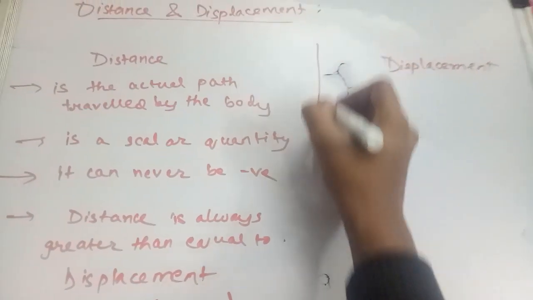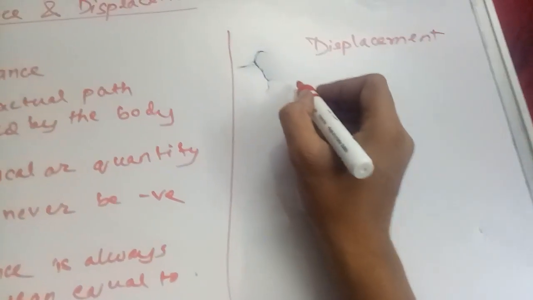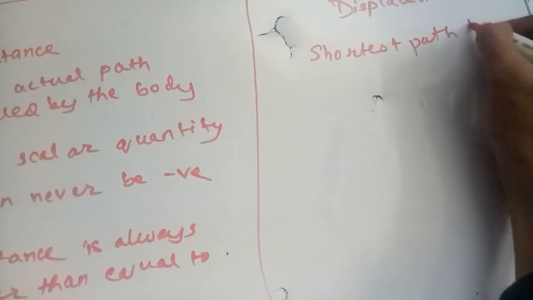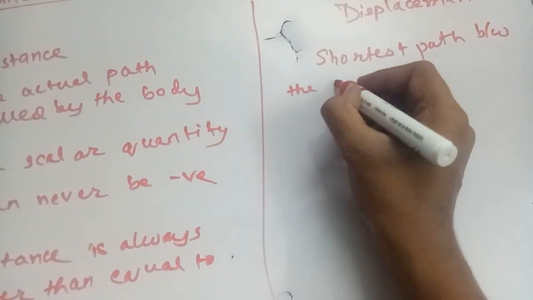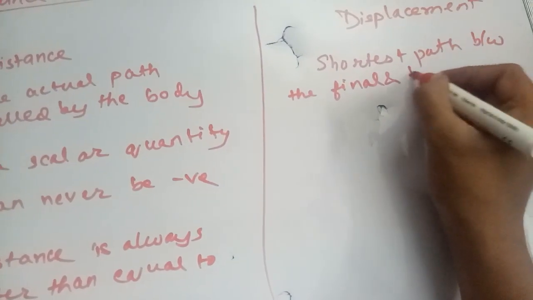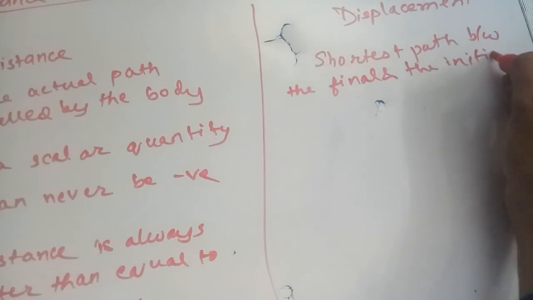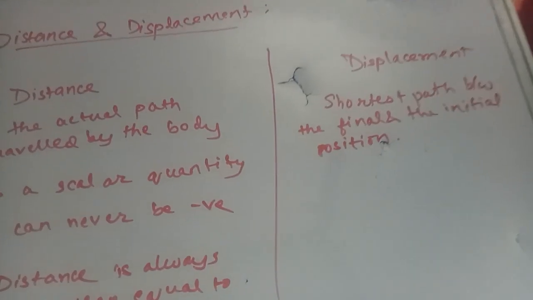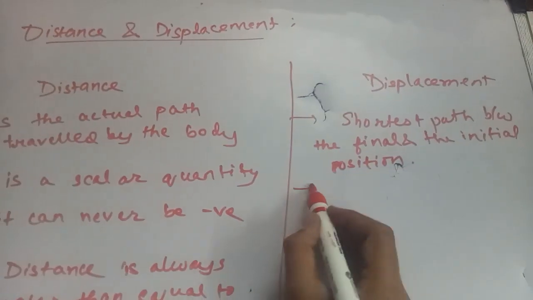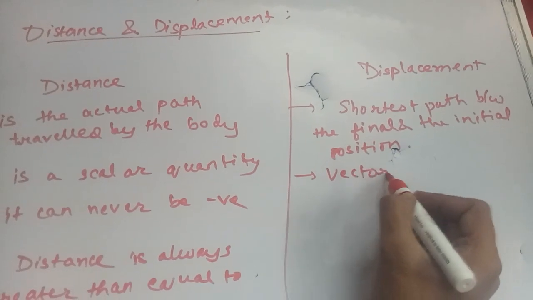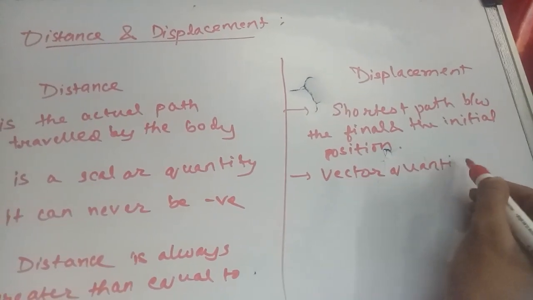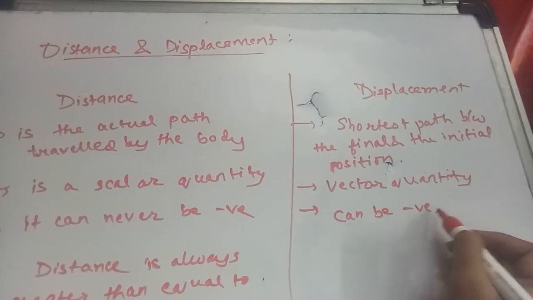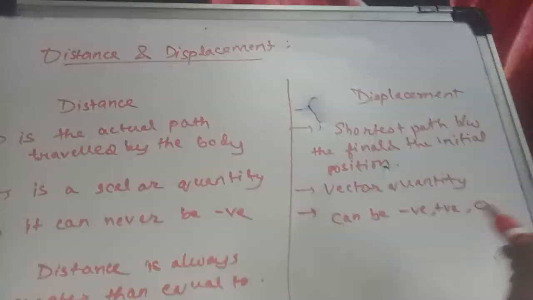Now let's talk about displacement. Displacement is the shortest path between the final and the initial position. It is a vector quantity. It can be negative, positive, and zero.